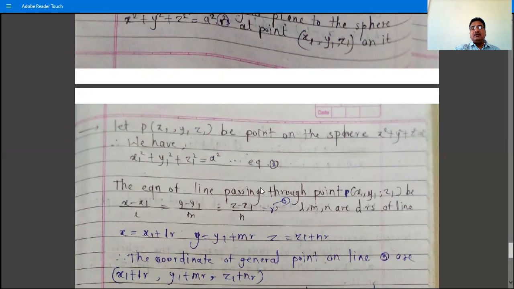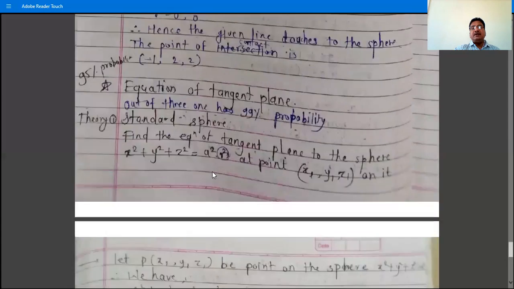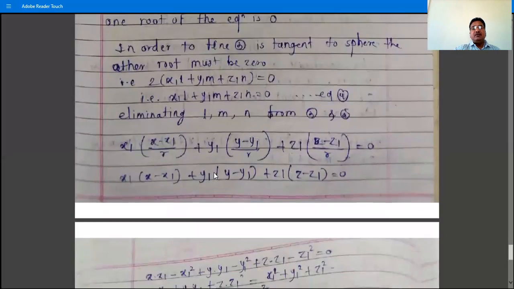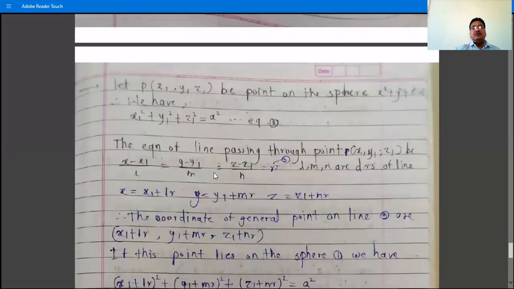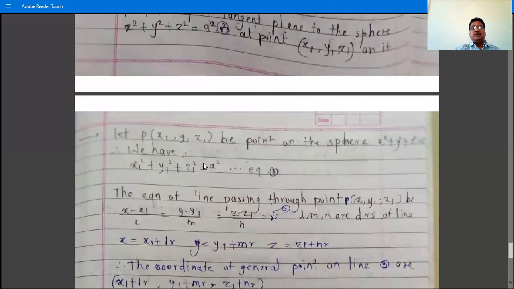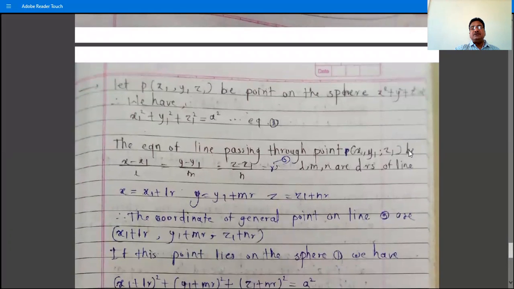This x1, y1, z1 is a point on the sphere. This is the equation of the line passing through the point P(x1, y1, z1) in symmetrical form.